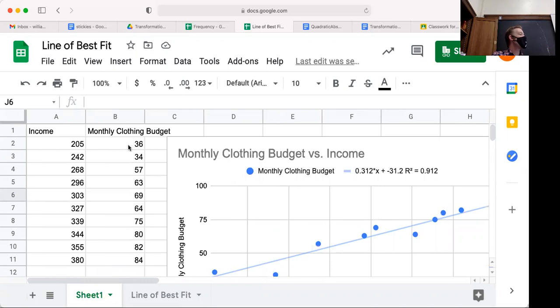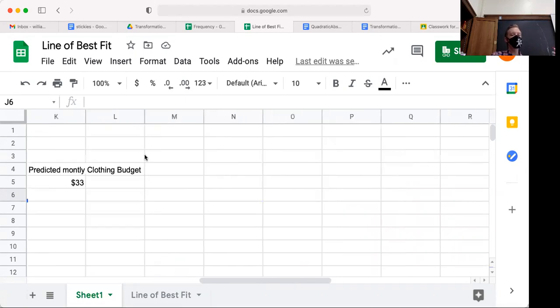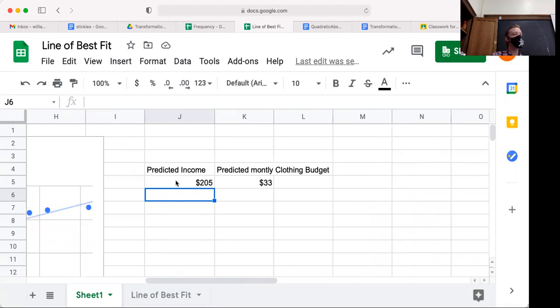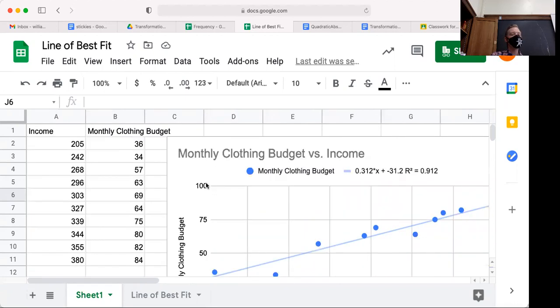That is exactly what we would expect most of the time. This equation is an estimation. It's a prediction. It's not going to be 100% accurate because, well, nobody can predict the future at 100% accuracy. But what we can do is come up with something that is relatively close to what we've seen. So even though plugging in 205 did not give us exactly 36, it gave us a number that was close.